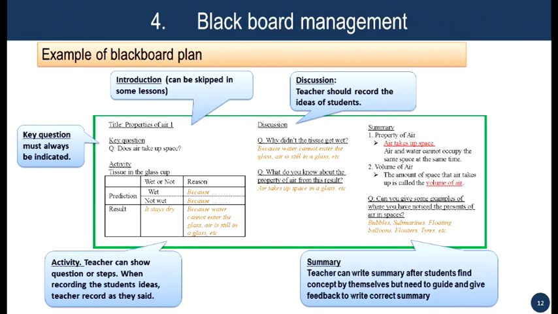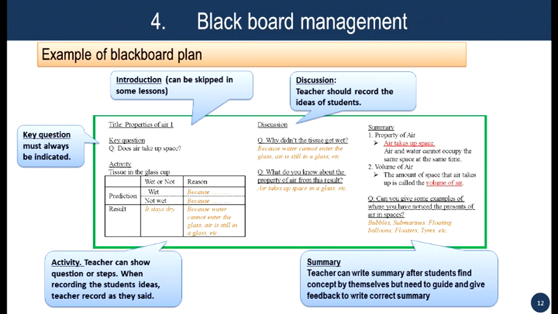The introduction is at the top of the blackboard. The key question is just below the topic. Then the activity, questions or steps for the students to do, our discussion question, and at the end of the blackboard we have the summary.